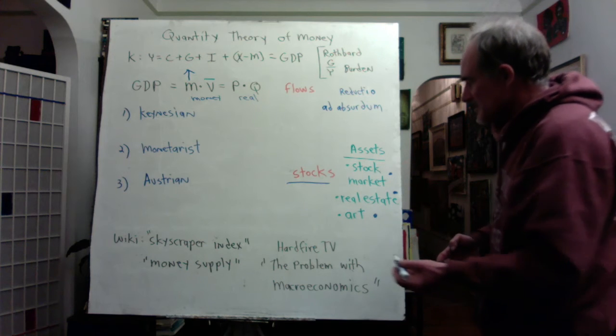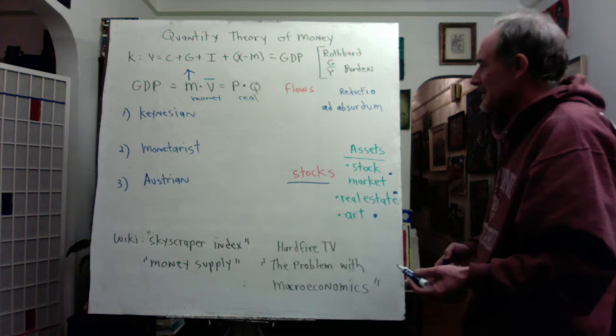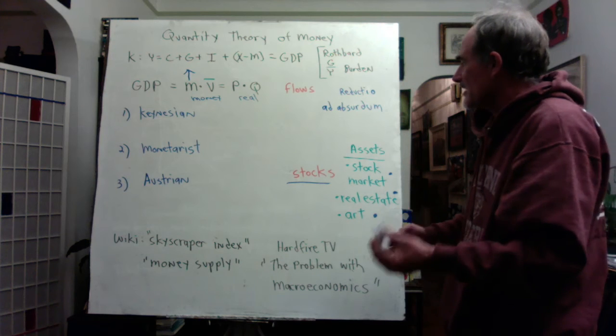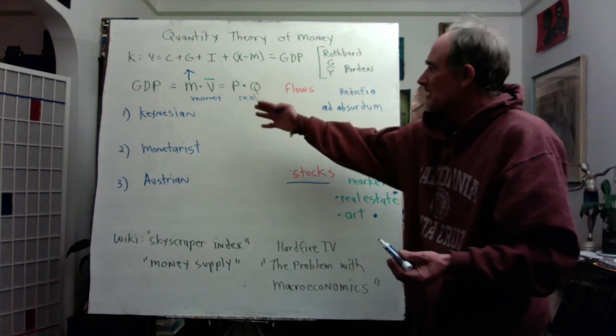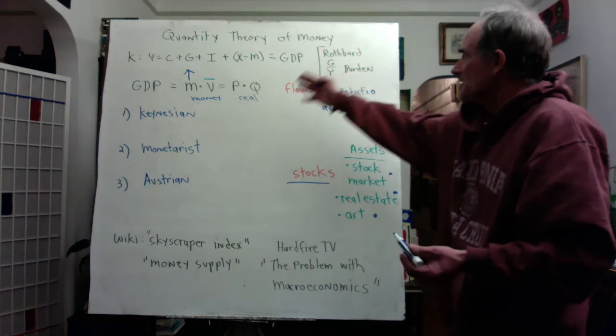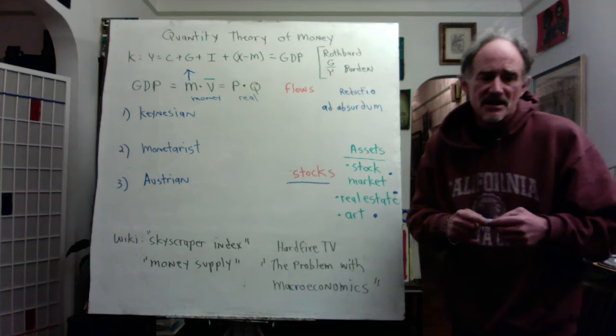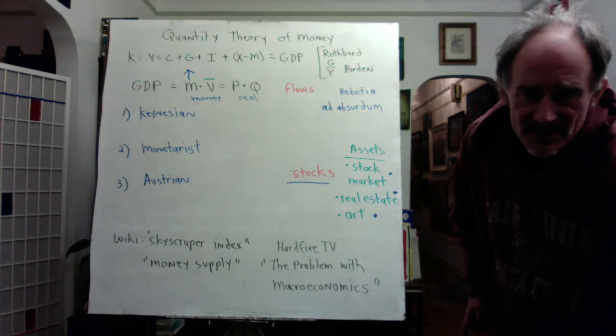We explain this in a Hardfire TV show, The Problem with Macroeconomics. We get into a little bit more about how monetary manipulation affects the business cycles and exacerbates the business cycles.